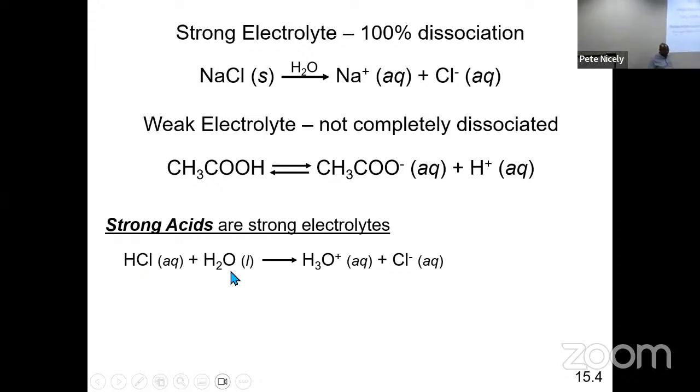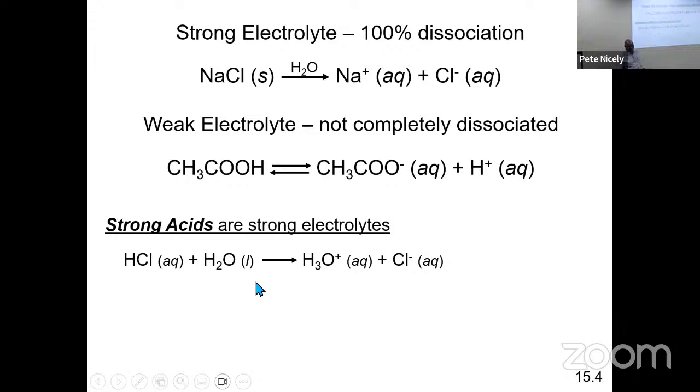When you add HCl to water, you're going to end up with a complete dissociation. In other words, in any solution of hydrochloric acid, you will not see any intact HCl molecules present, right? All of it will be converted into the hydronium and the chloride ions as indicated.